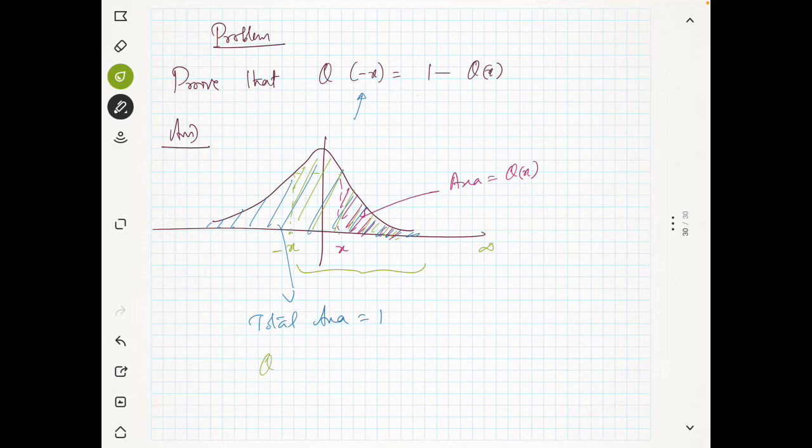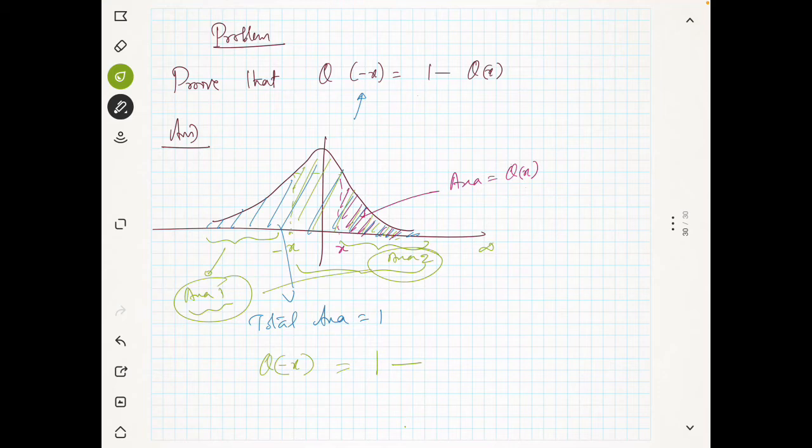So what is Q of minus x? Q of minus x means you have the total area which is equal to 1 minus this area, that is area number 1, and this area is area number 2, both are the same, right?